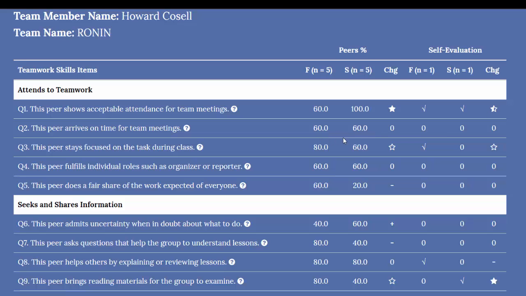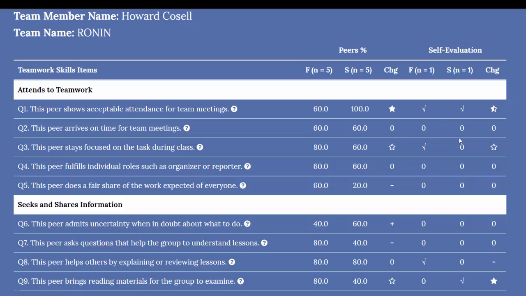Okay, let's look at another example. Here you have question 2 or team skill 2. Formative, the peers collectively, 60% of them felt he demonstrated this, and then also 60% at the summative. So it's just shown as a 0 when there is no change, and when it's not selected as a goal.